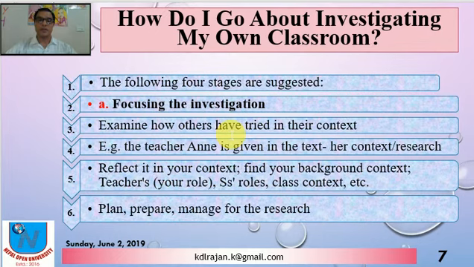We have to reflect in our own context, find out the background context, our role, students' role, class context, then prepare, plan, and manage for the research. If we have to make research tools, those research tools should also be prepared. This is how we have to focus the investigation.